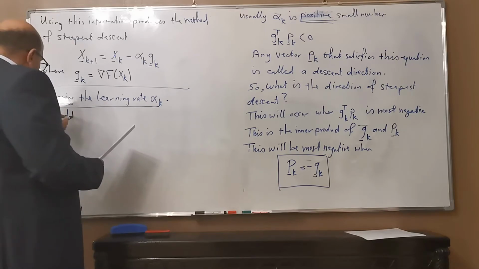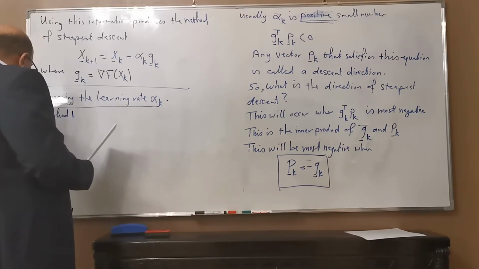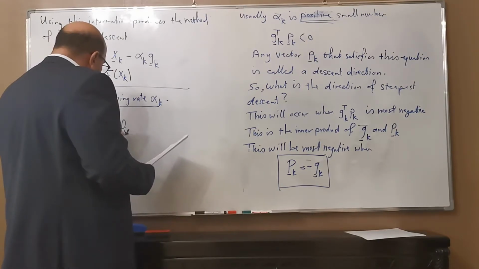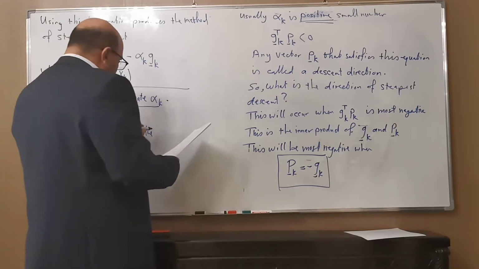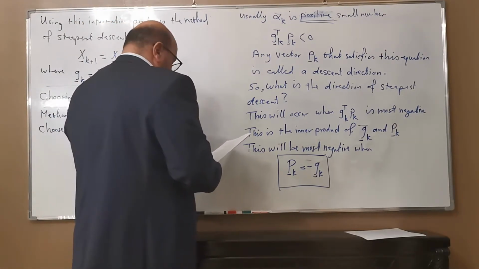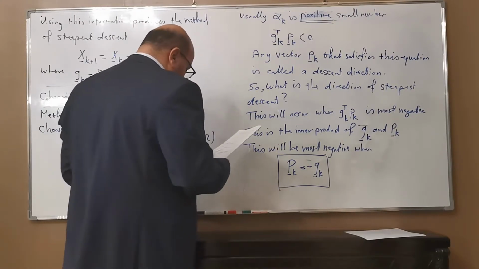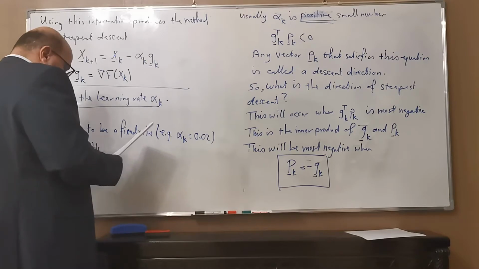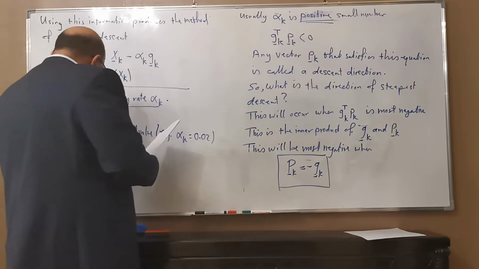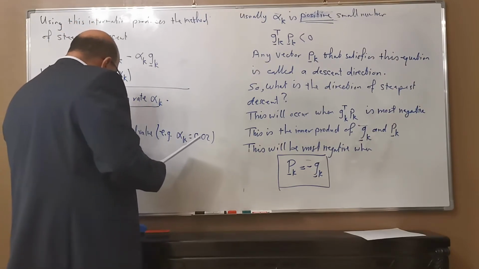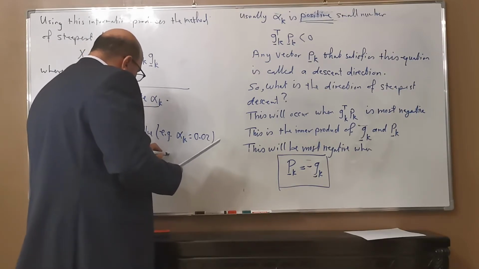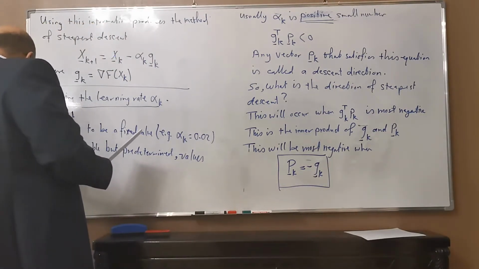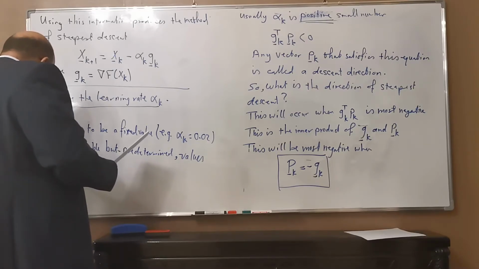says to choose alpha k to be a fixed value, for example alpha k equals 0.02, or use variable but predetermined values, for example alpha k equals 1 over k.